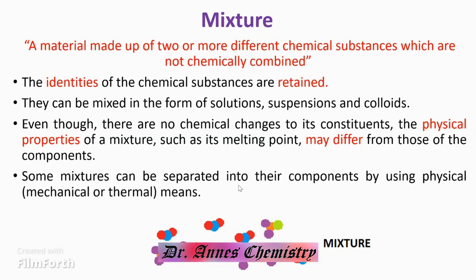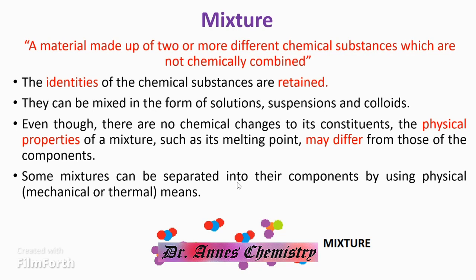Next is mixture. What is a mixture? A mixture is made up of two or more different chemical substances, and these chemical substances are not chemically combined. The identities of the chemical substances are retained. Such materials can be combined in the form of solutions, suspensions and colloids.